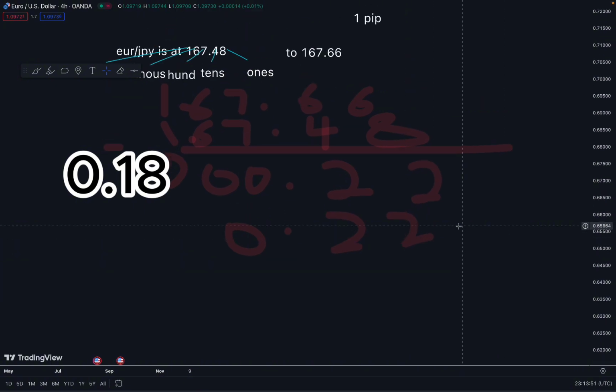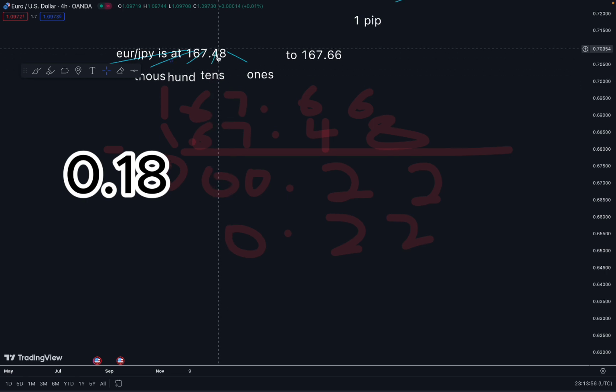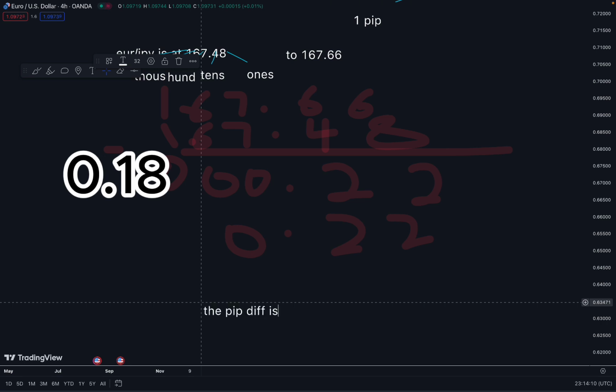Why is it 18 pips? Looking here, this is our tens, where the first number is, so the pip difference is 18 pips.